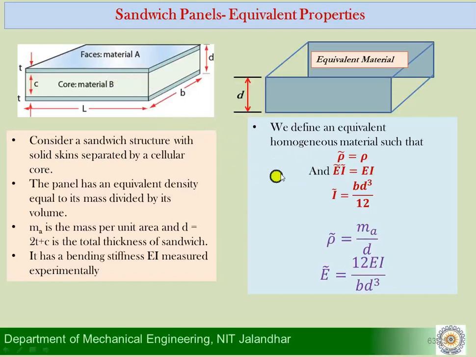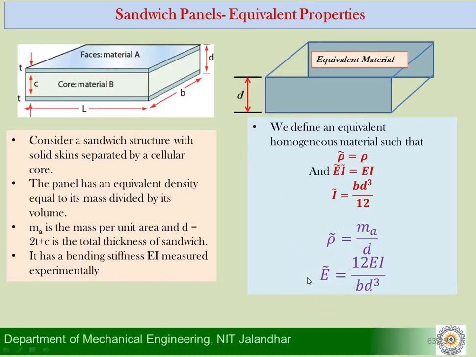And in this particular case, the equivalent material will have a density of rho bar. So what is this rho bar here? It is simply written as M_A upon D. What is M_A? M_A is the mass per unit area of this equivalent material, and D happens to be the thickness of this material. And what is E bar?